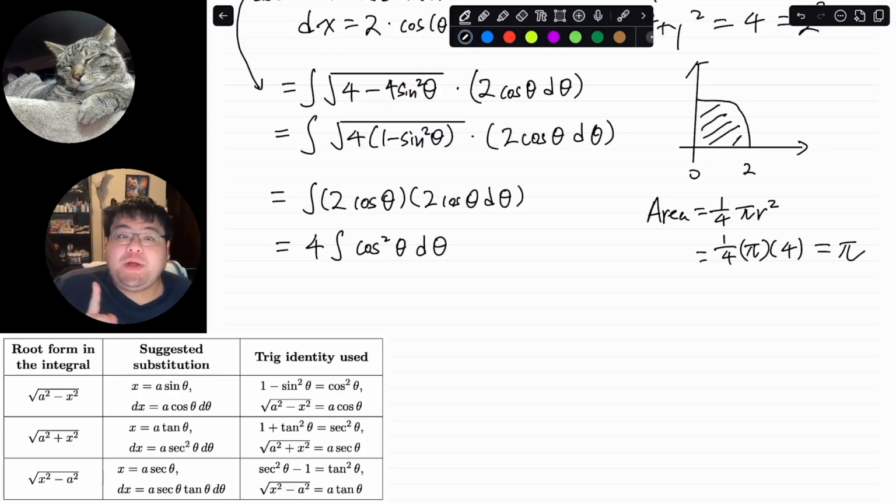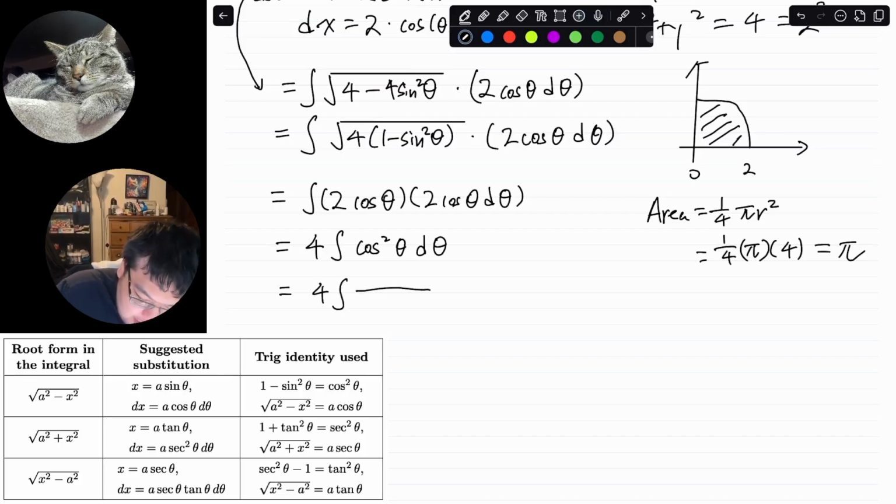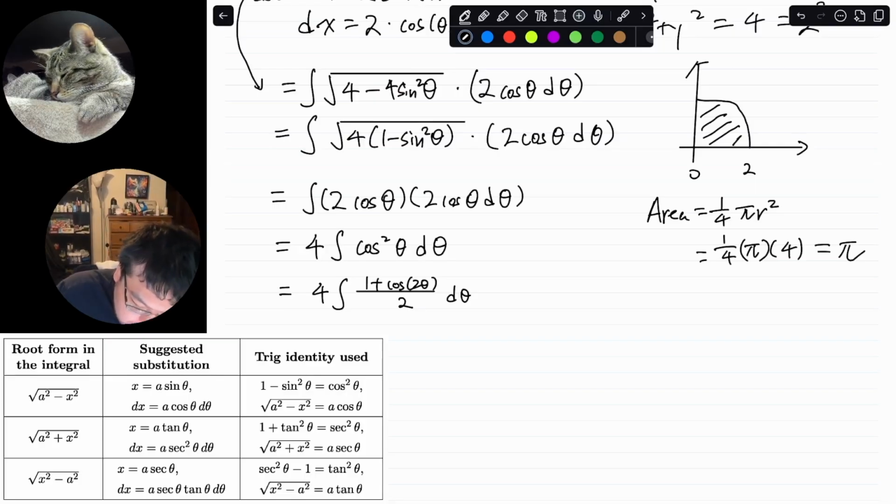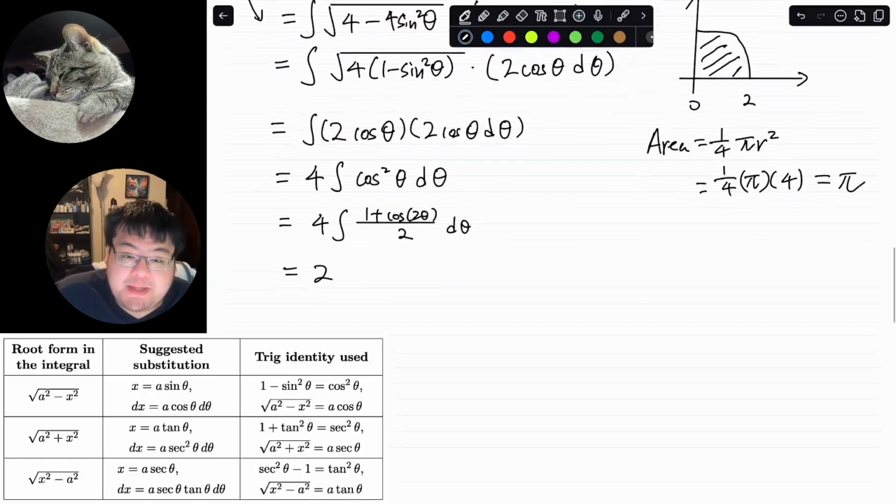And this one, we need to use another trigonometric identity, which is the double angle formula for cosine. So integrate 1 plus cosine 2 theta, divided by 2, d theta. So 4 divided by 2 is just 2, so I integrate 2 times. And then the integrand, we can actually calculate immediately.